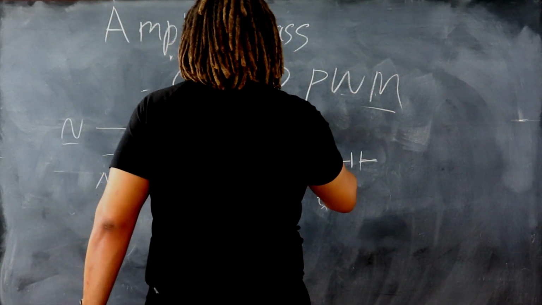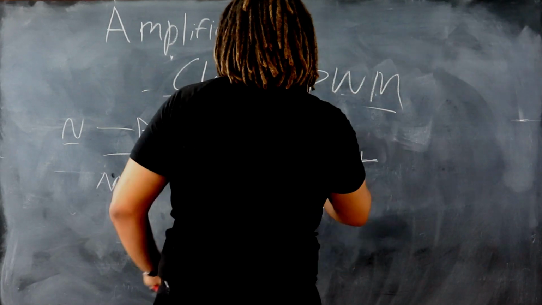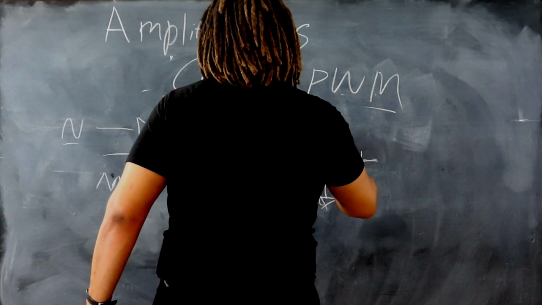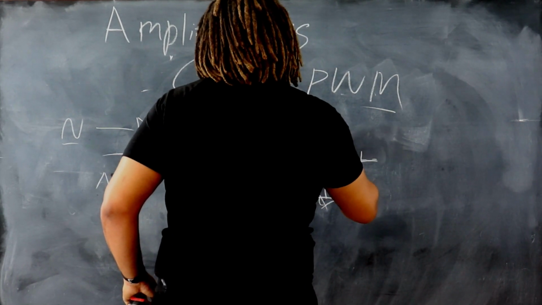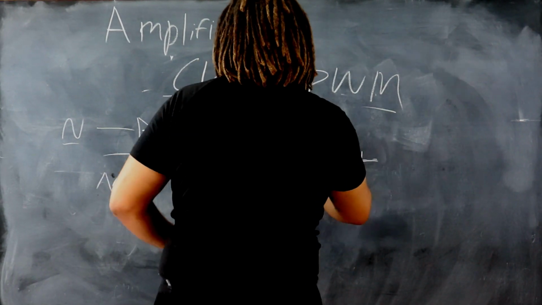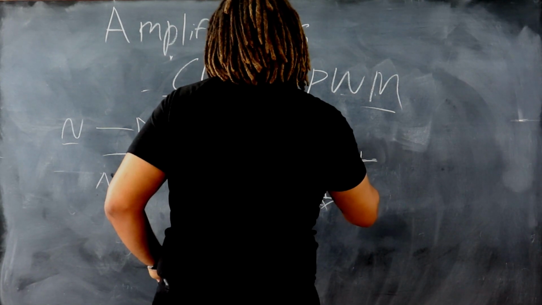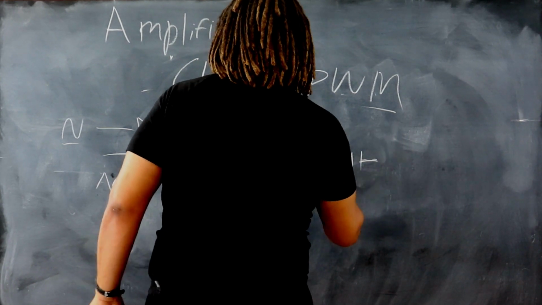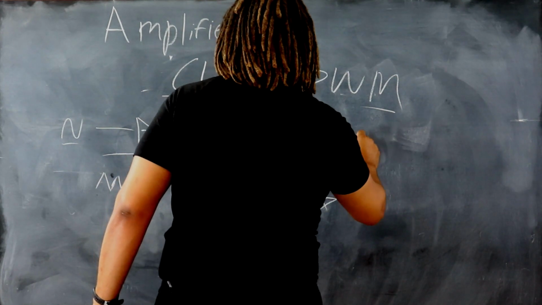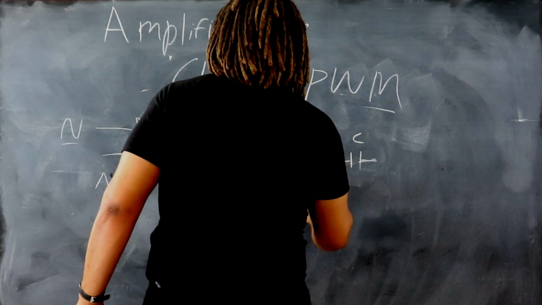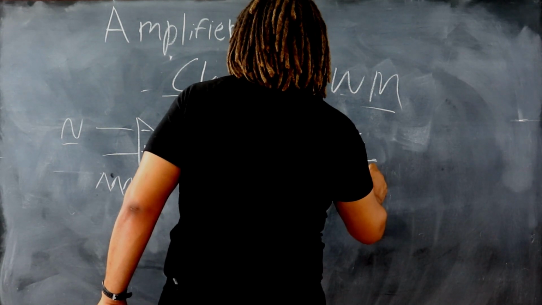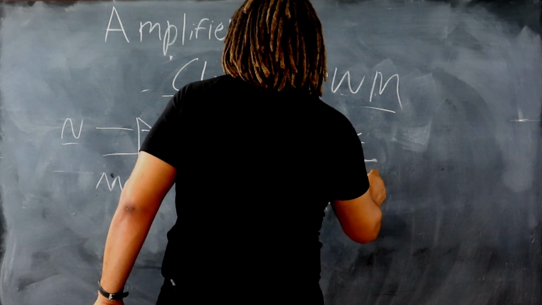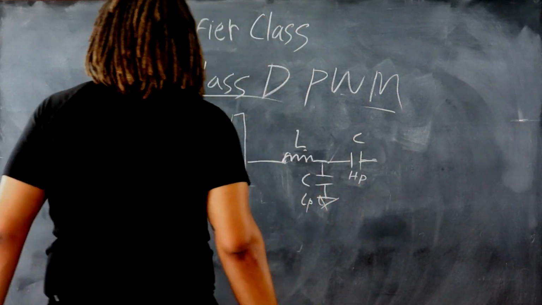So this would be L. I know that looks like a terrible rendition of an inductor, but that would be your inductor here. That would be L. This would be C. This is a capacitor, and your inductor would be a low pass, and this would be a high pass. But this is really just there to get rid of some DC voltage there.